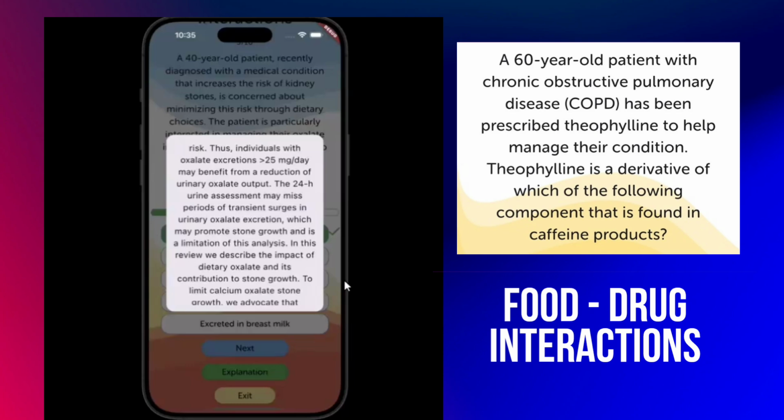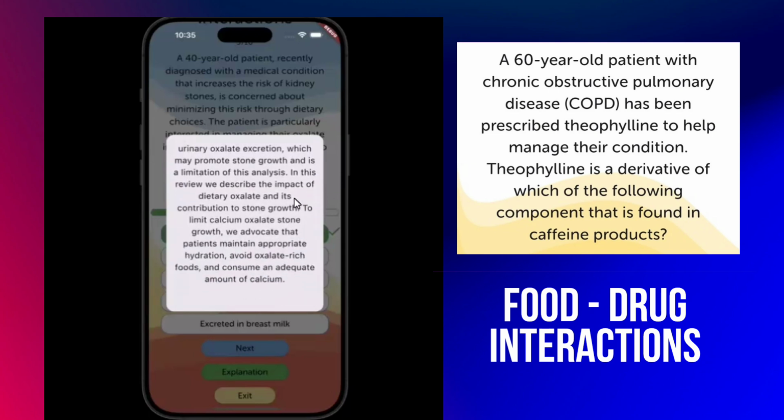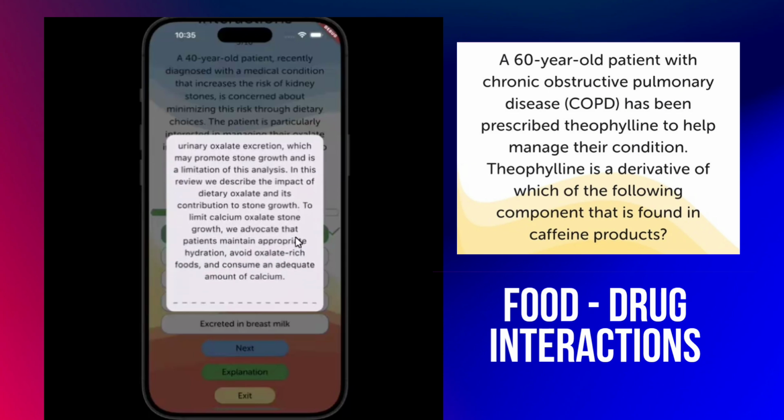The 24-hour urine assessment may miss periods of transient surges in urinary oxalate excretion, which may promote stone growth, and is a limitation of this analysis. However, in this review, we describe the impact of dietary oxalate and its contribution to stone growth.